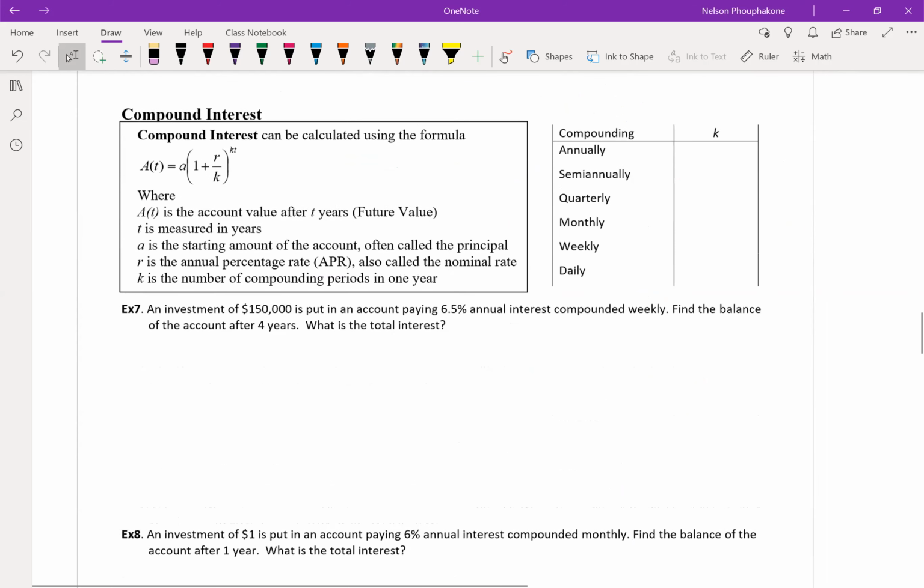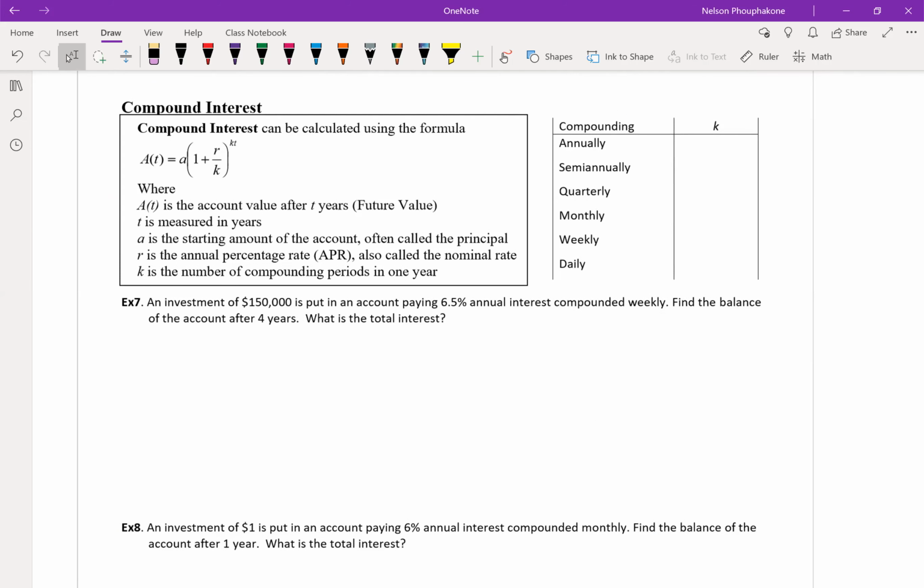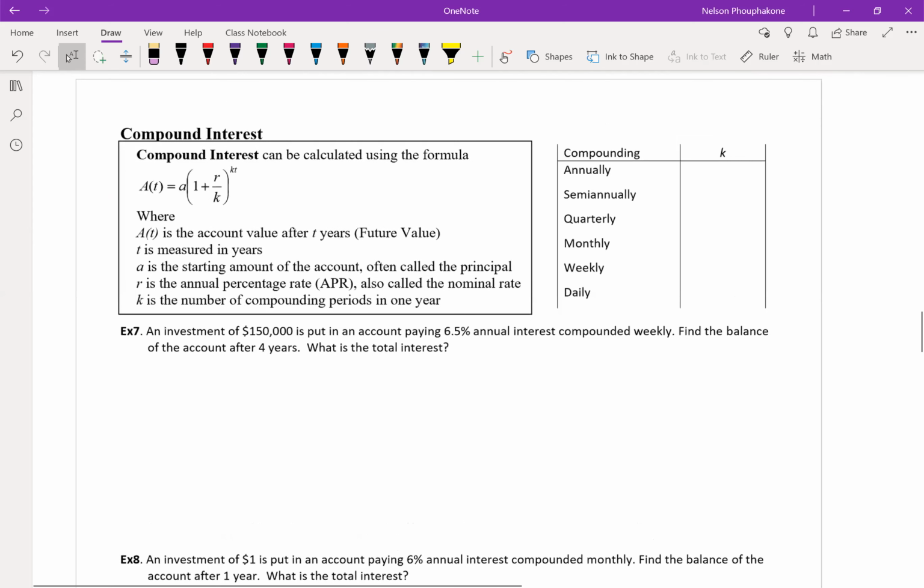Okay, so then now let us try to work with the application part of the exponential functions. One of the applications is compound interest. Now the compound interest formula is A of t is equal to A times (1 plus r over k) raised to the power of kt.